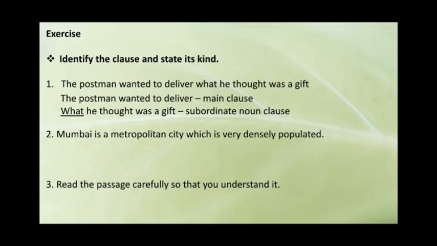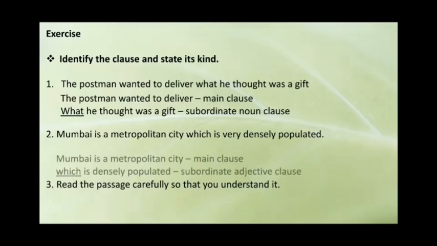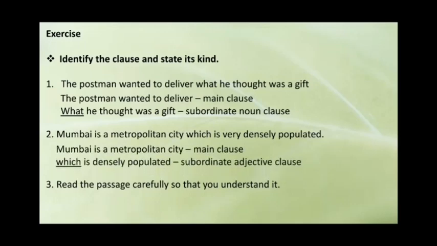Next sentence, Mumbai is a metropolitan city which is very densely populated. Let's divide the sentence into main and subordinate clause. The main clause is, Mumbai is a metropolitan city. And the subordinate clause is the other part of the sentence, that is, which is densely populated.